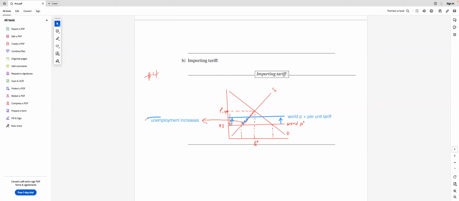So the high unemployment problem here can be fixed a little bit, because the domestic factories are hiring more laborers.